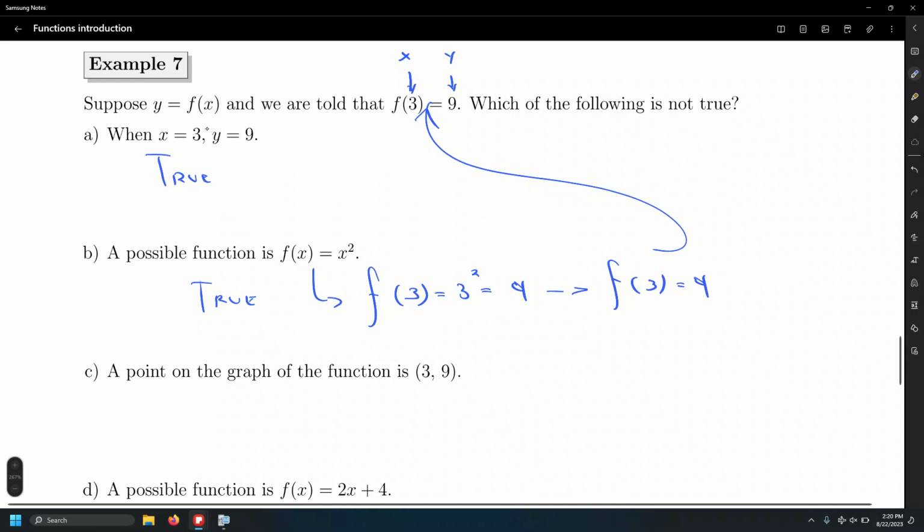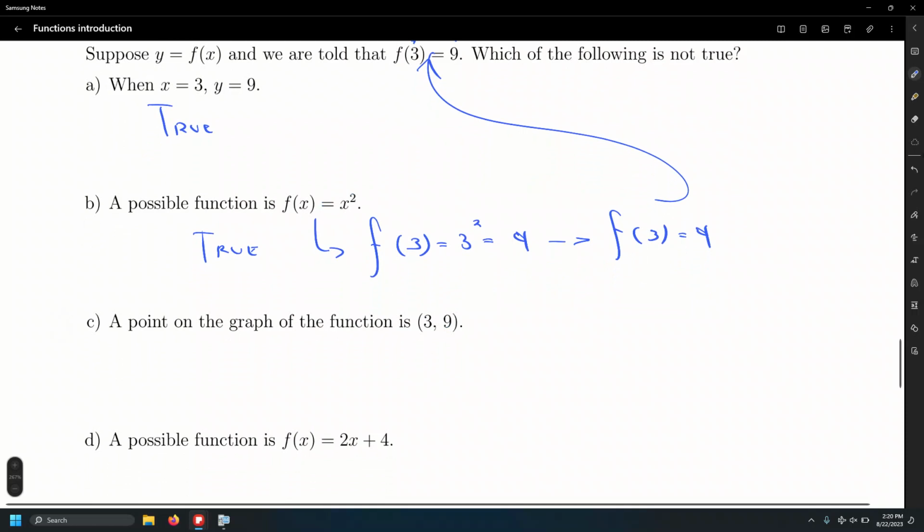Like how does that become 9? I get it that 3 times 3 is 9. Oh no, that's just a random function value given without even knowing what the function is. And in this case, what we're discussing is whether in letter B, a potential function is indeed x squared, and it turns out it's true because when we square this number 3, we obtain the number 9.